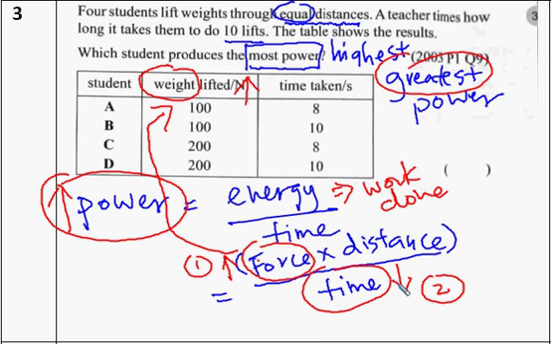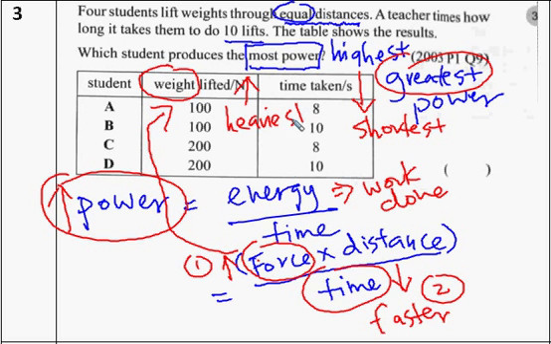Because actually I want to do things faster. So when you do things faster, you have greater power. Faster is the concept about time. So which option A, B, C, D gives me the greatest weight and the shortest time taken? I need the shortest time and I want the heaviest weight.